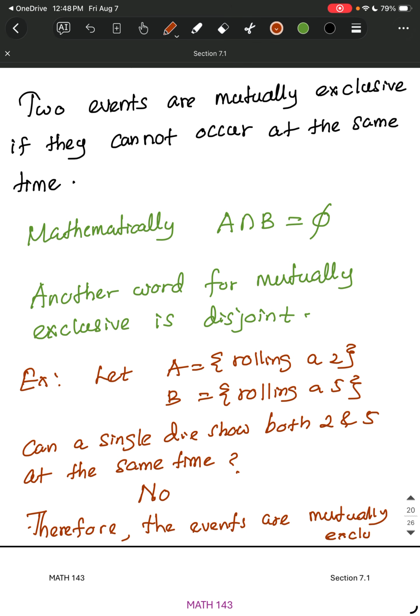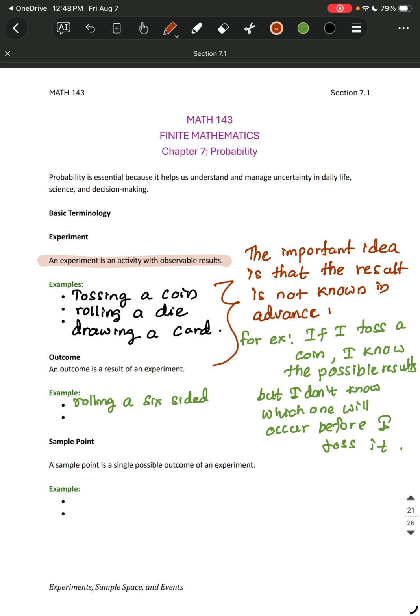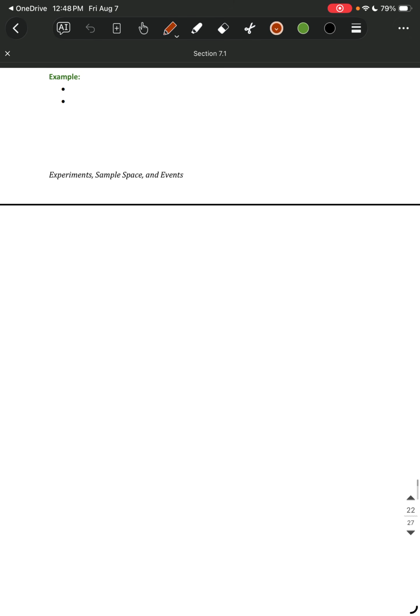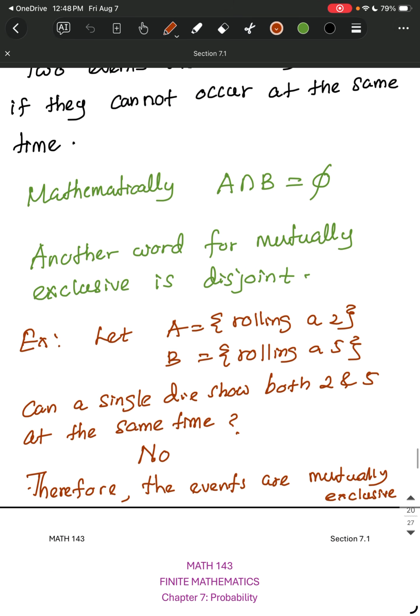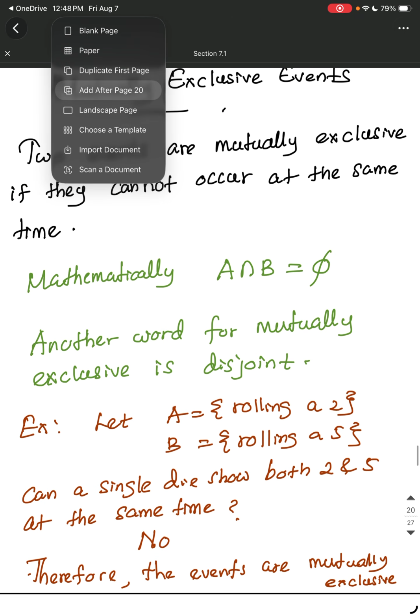Okay, let's move forward. The next example. Suppose we draw one card from a deck of cards, a standard 52-card deck.